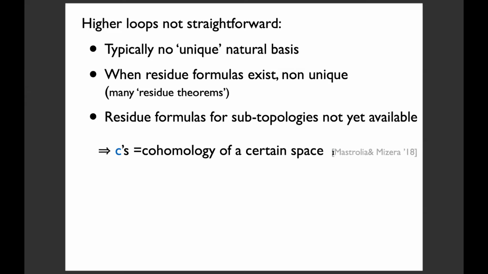And two years ago, there was a beautiful paper by Paulo and Sebastian, who proposed that basically a different way of looking at things is this: if someone gives you a formula for extracting some integral coefficient, you should look at this formula as a representative of some cohomology class. And then all these ambiguities are the usual ambiguities in finding representatives.